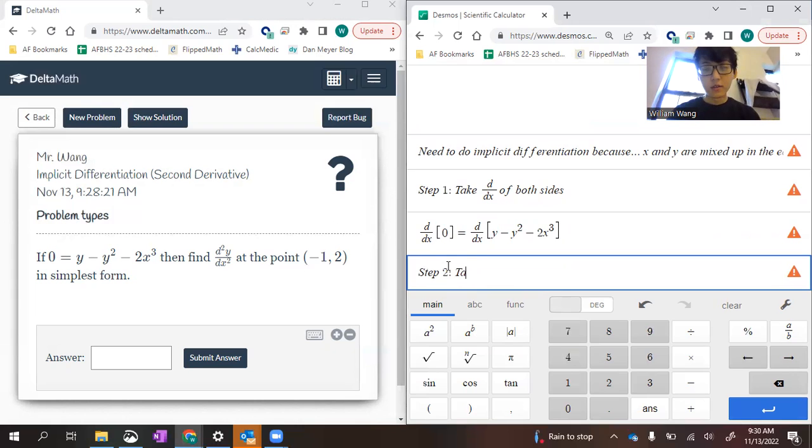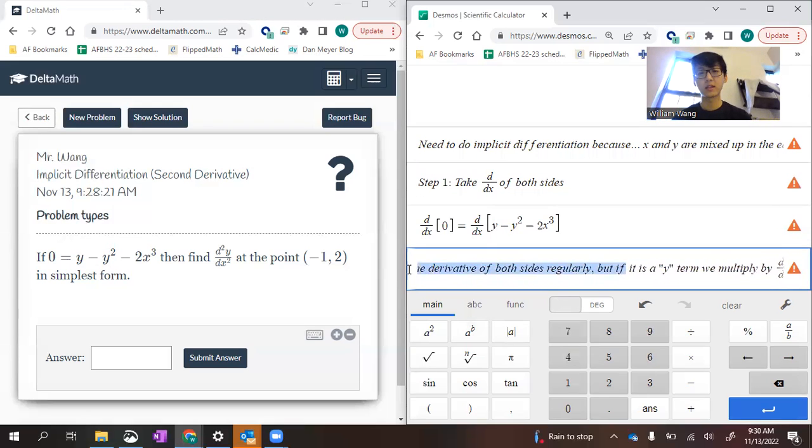Okay, step 2, this is like the key step. What we're going to do is take the derivative of both sides regularly, but hopefully you remember this: if it is a y term, we multiply by dy over dx.